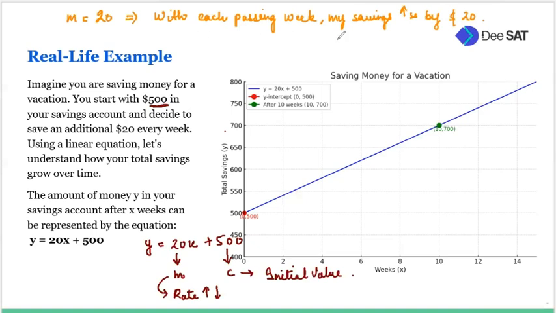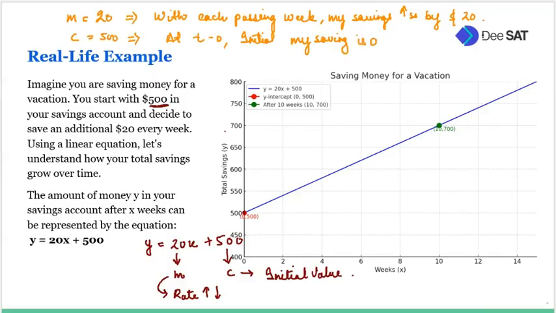That will be the representation of the slope, right? Similarly, for c equals 500, what I can say is that at 0 weeks, that means in the very beginning or in the initial stage, my saving is $500.